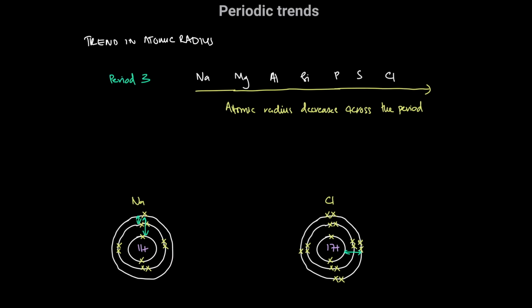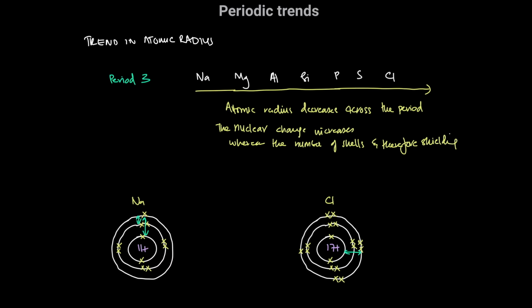And the reason why is that the nuclear charge increases across the period, right? Increases across the period, whereas the number of shells, and therefore shielding, remains the same.